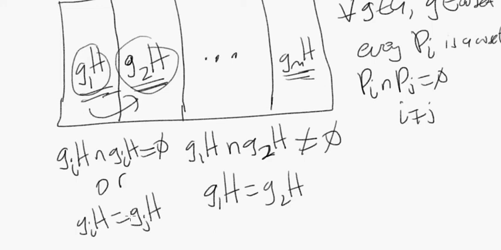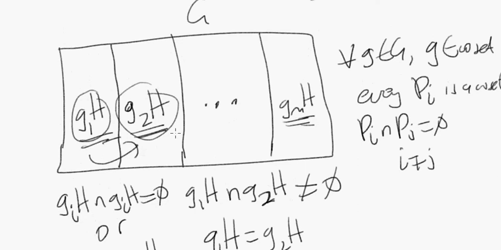Right? There are no other compromises here. There's nothing in between. They either have nothing in common or they're equal to each other. Given this information, can we modify our partition to give us a partition that will guarantee pairwise disjointness and all the other properties that we really want to see happen?